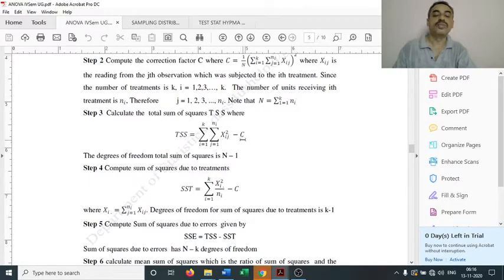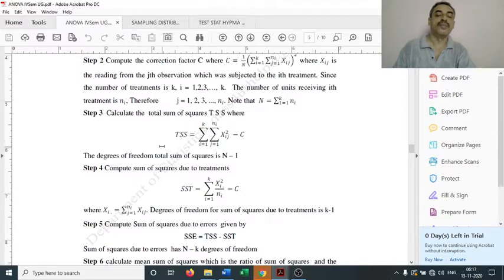The subtraction of c stands for the subtraction of the correction factor. This TSS has n minus 1 degrees of freedom, because there are n summands, x11, x12, etc. x1n1, then x21, x22, etc. x2n2, going up to xknk.